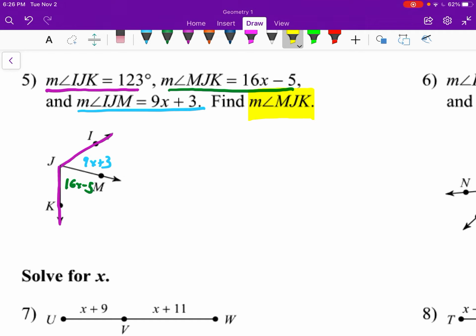MJK. So we know the two smaller angles, which are 16x minus 5 and 9x plus 3, must add up to equal the larger angle, 123. We'll go ahead and solve.